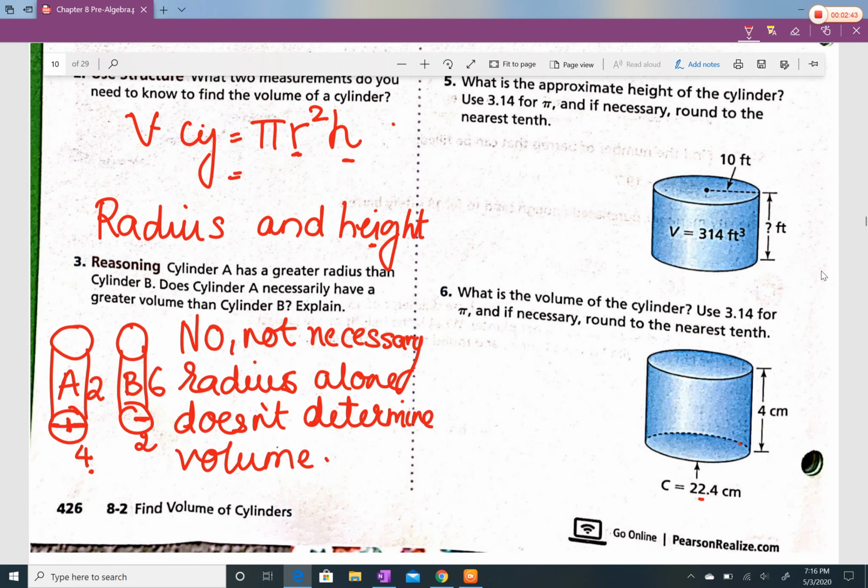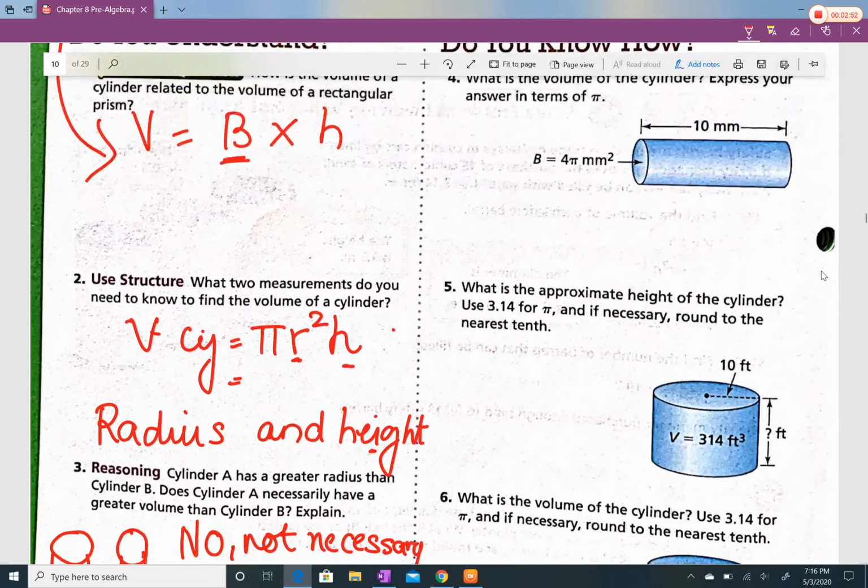It's also the height. So it's not that if the radius is small or big, then the volume has to be big. Okay guys, hope you're getting it.